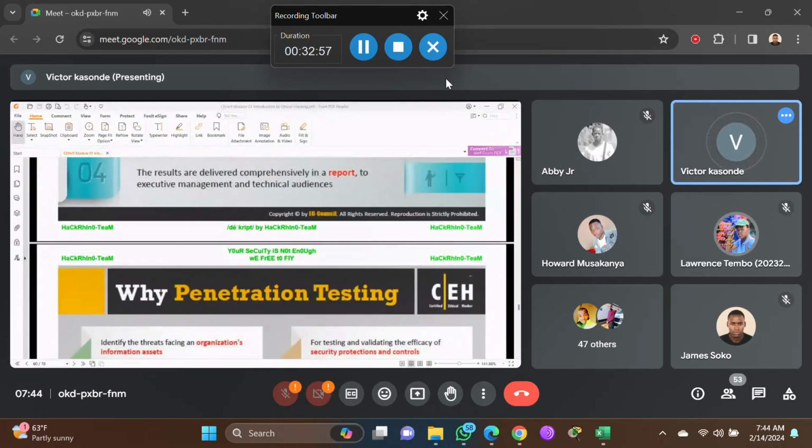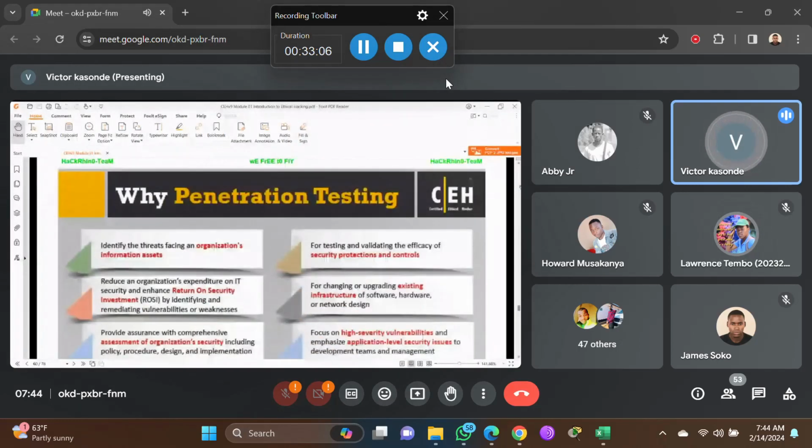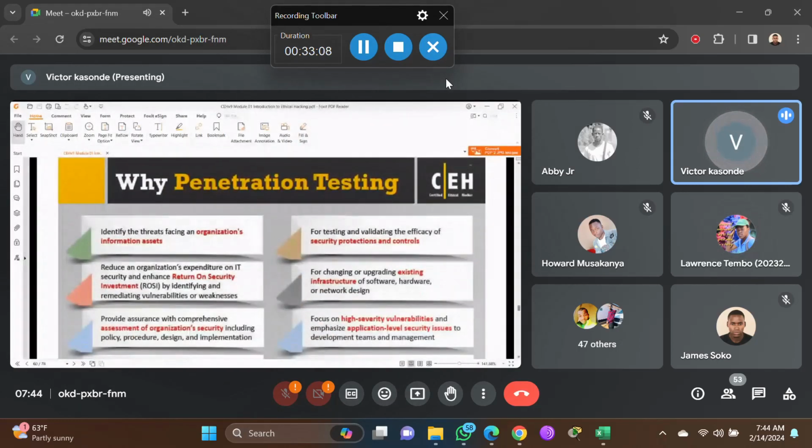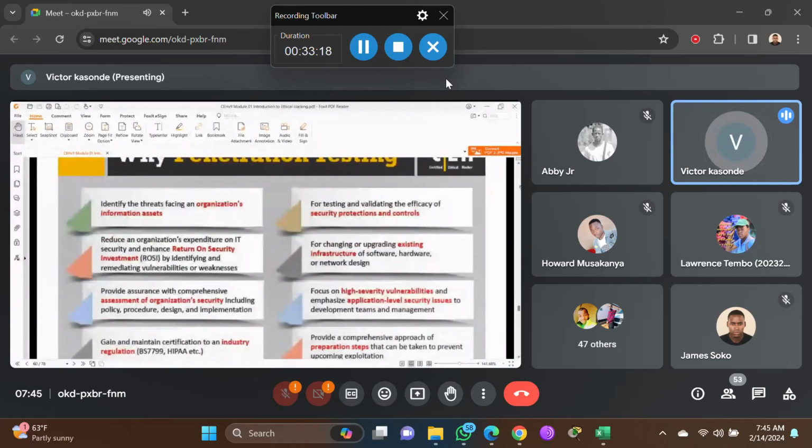Okay. Having said that, let us proceed. So why penetration testing? You have answered a lot of questions. We are saying to identify the threats facing an organization's information assets, because those are threats from outsiders.